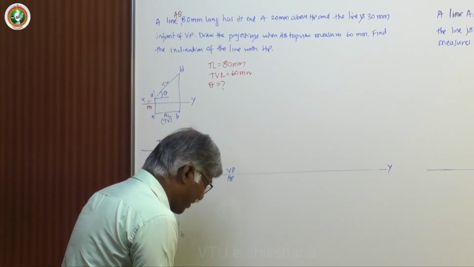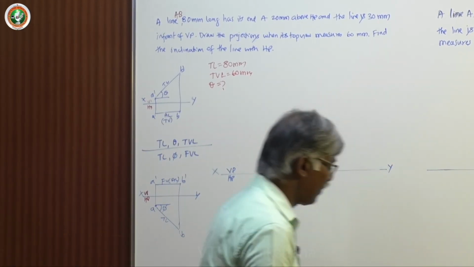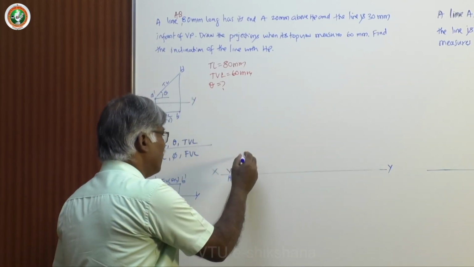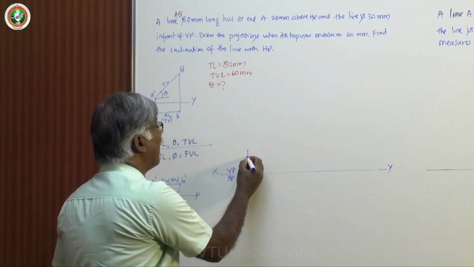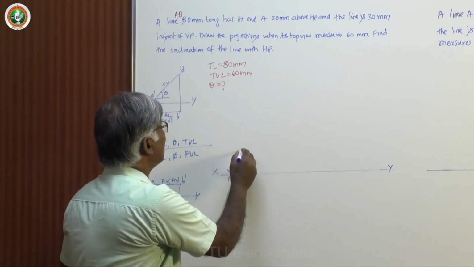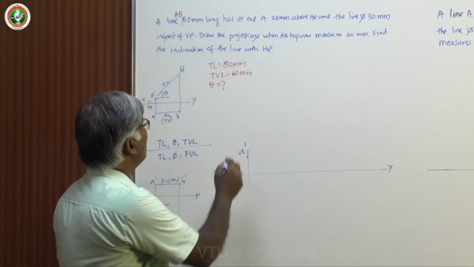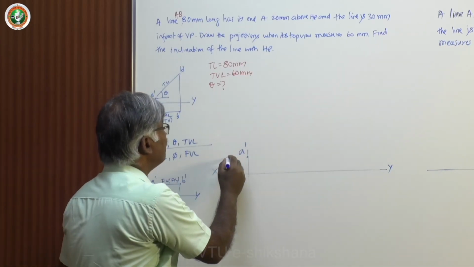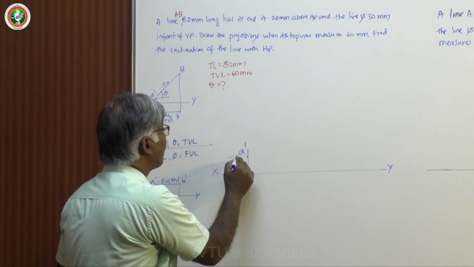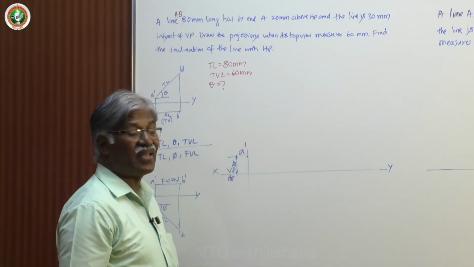Now let me take this up. Draw a vertical line to fix one end of the line, that is the fixed end, A dash, 20 mm above HP, and then the line itself is 30 mm in front of VP.